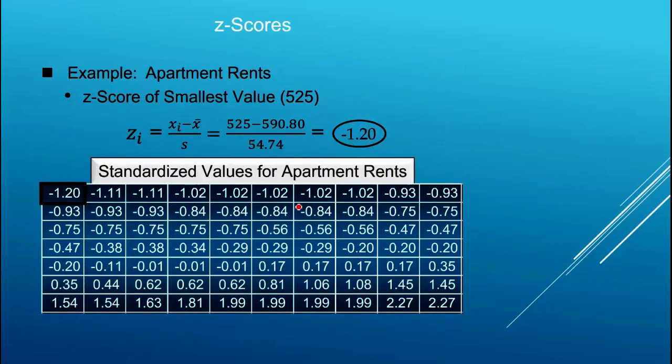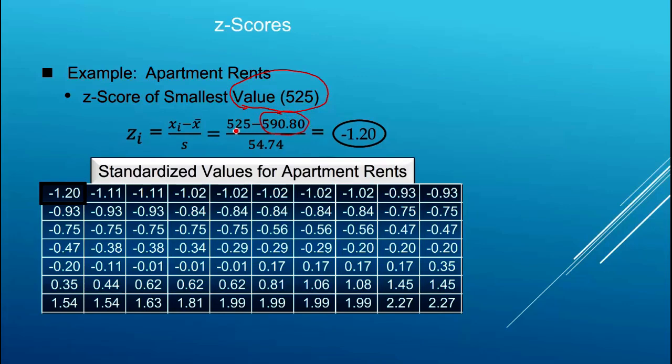Here's an example. For apartment rents, I'm going to calculate the z-score of the smallest value in the data set. The smallest value in our previous table was equal to $525. That was the cheapest rent in the data set. We also know that the mean was 590.8.